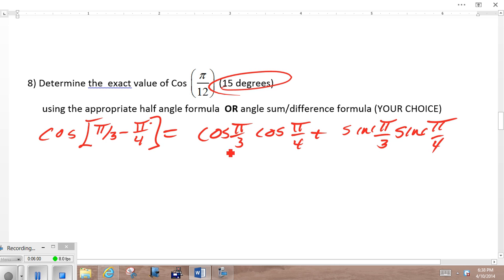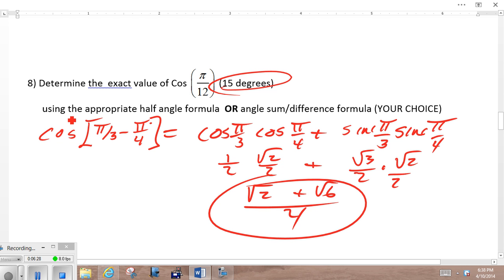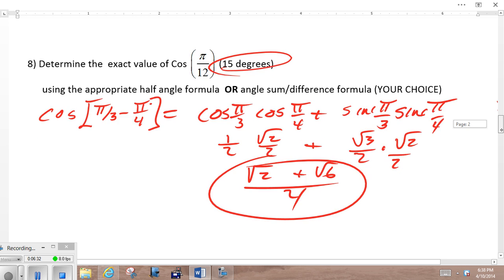And the cosine of pi over 3 is 1/2. This is root 2 over 2 plus the sine of pi over 3, which is root 3 over 2 times root 2 over 2. So this is root 2 over 4 plus root 6 over 4. I just chose to do it that way. You could do it the half angle identity as well if you chose.